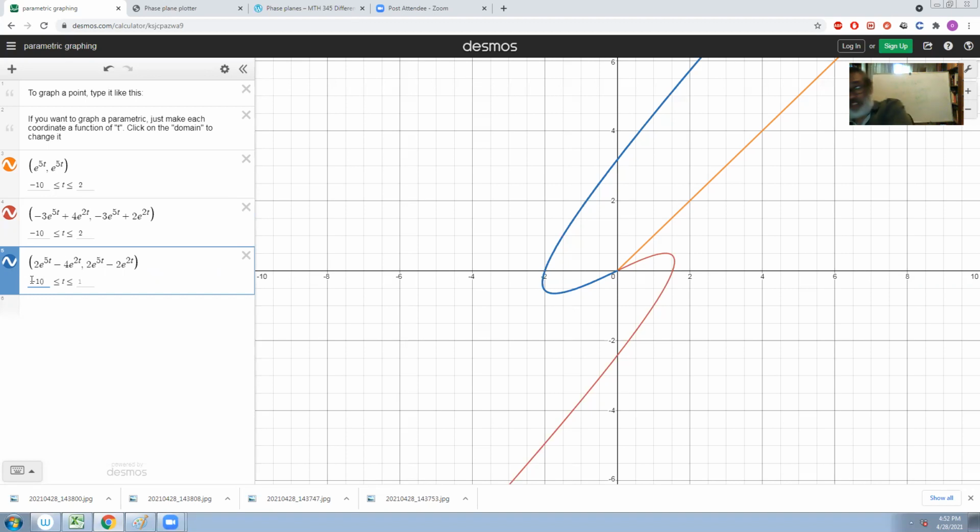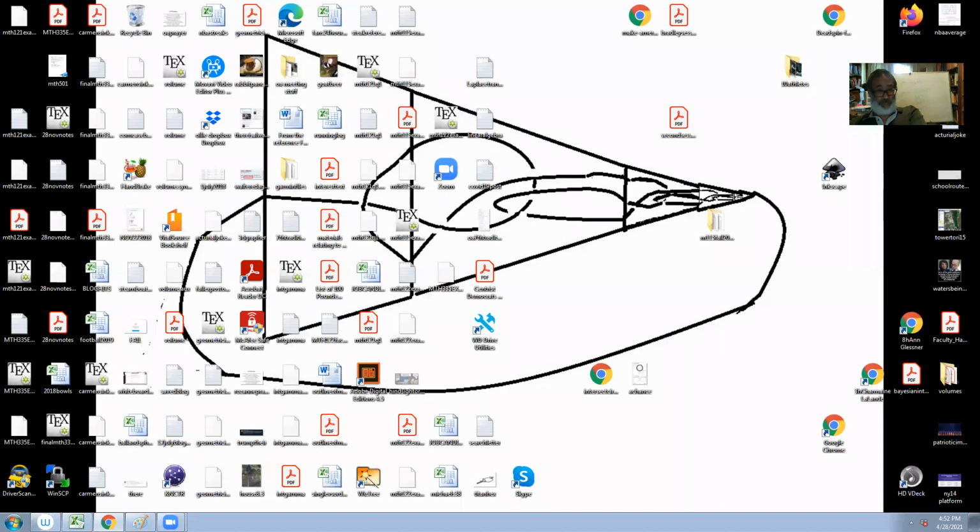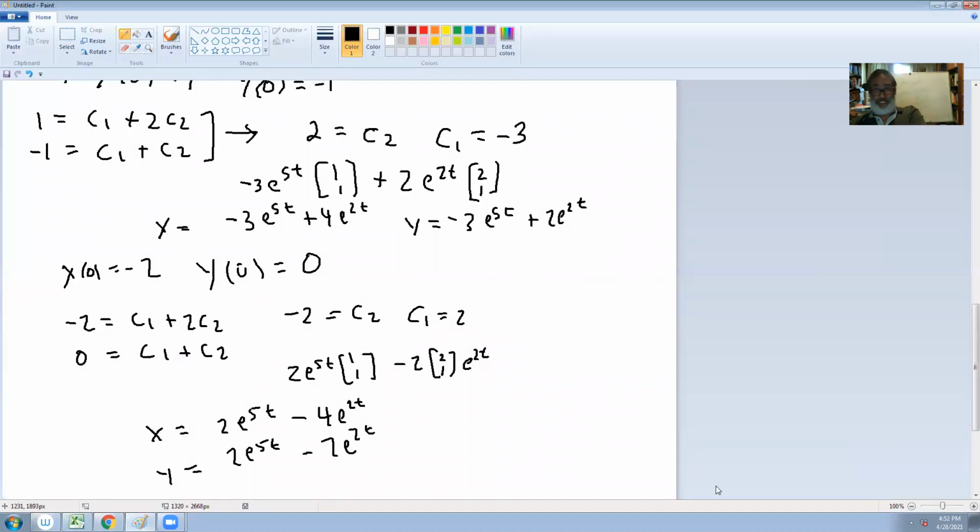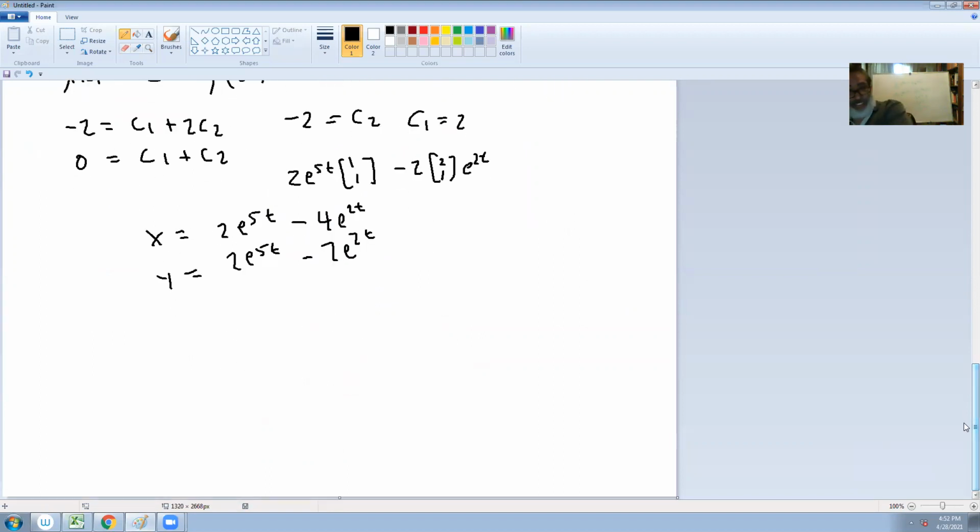Now, a nodal sink, I'll just want to say this, that's a source. And I'll just write this right here. A sink occurs if the eigenvalues are both negative.